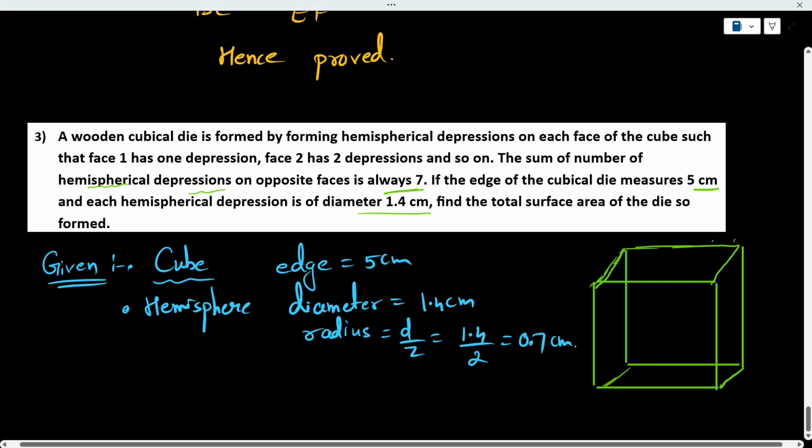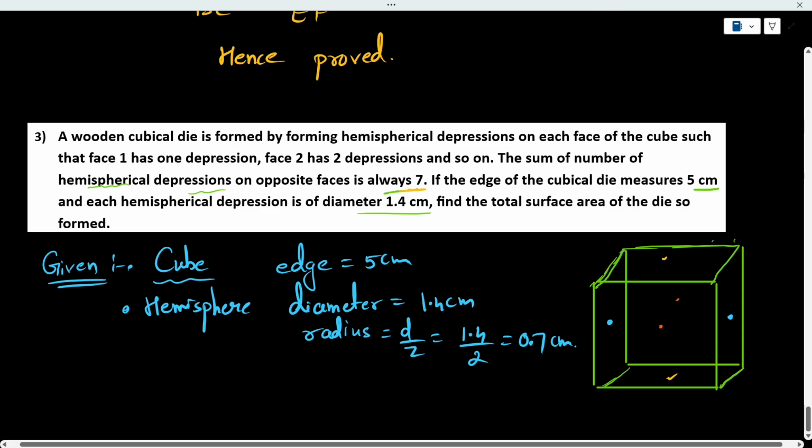The sum of hemispherical depressions on opposite faces is always equal to 7. So what is this, top and bottom, right? Look here. I'm putting different colors so you understand what the opposite faces are. These are the two opposite faces, and front and back. This is the front square, this is the back square, right? Now let me draw the hemispheres.